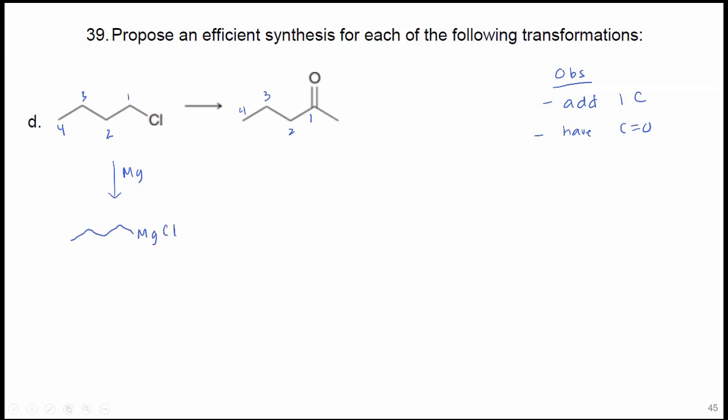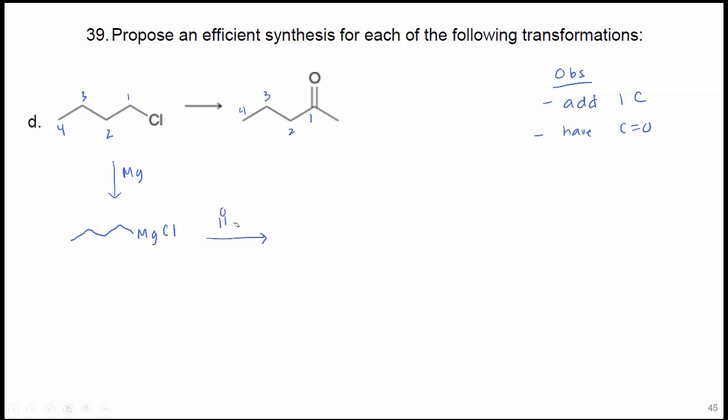So that will be magnesium chloride. And to this, I am going to add, let's see, 1 carbon. Actually, this might not work the way that I'm doing this, and I'll tell you why. If I add this right here, this is 2 carbons.